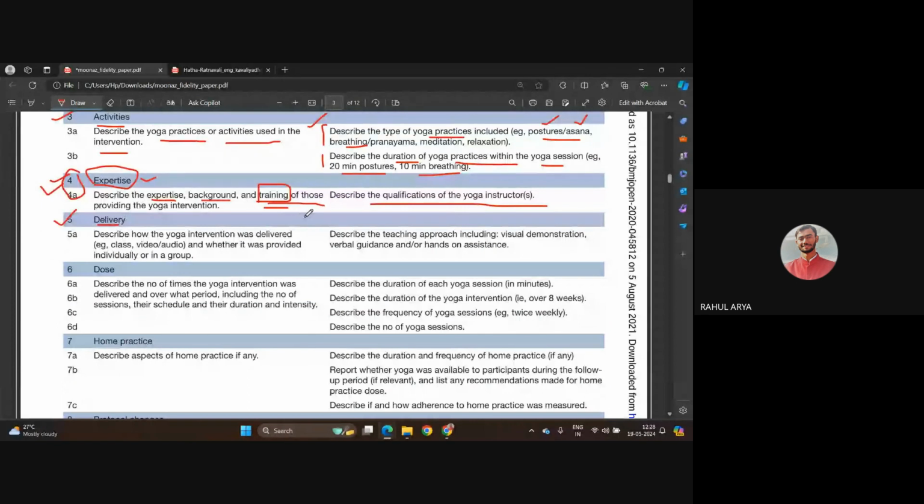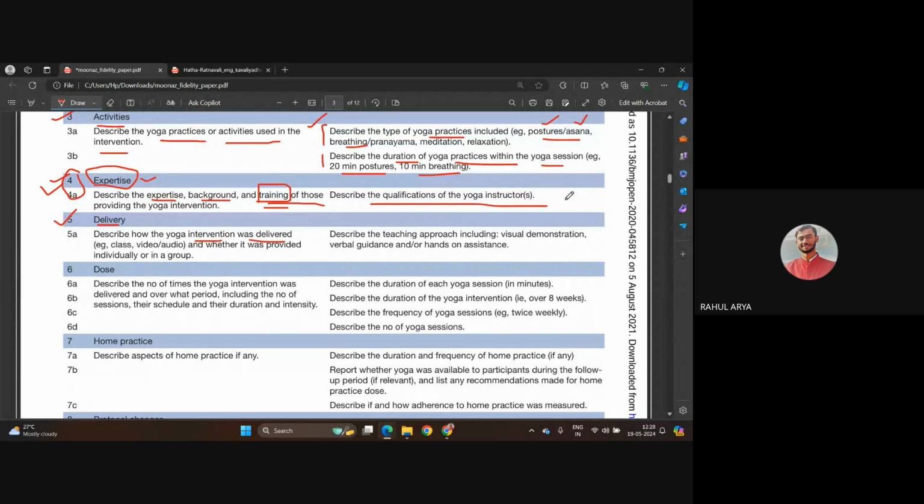Okay, point number 5: Delivery. Describe how the yoga intervention was delivered. For example, Lakshmi ji is the teacher, and she is providing a module to the class. Option 1 is offline mode.